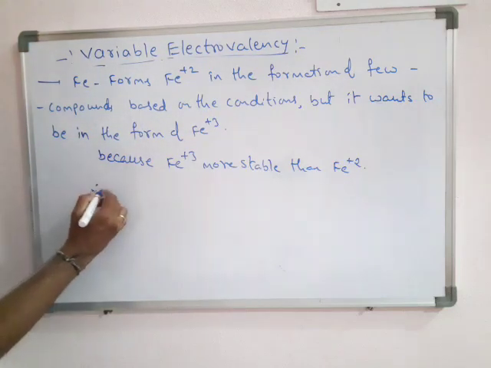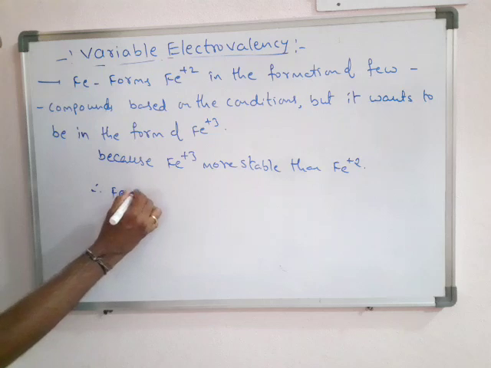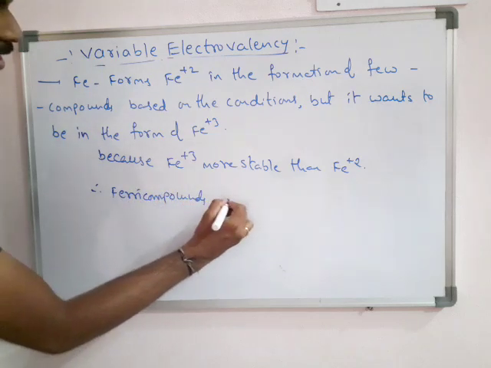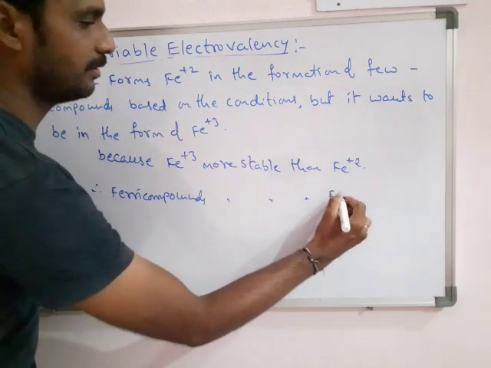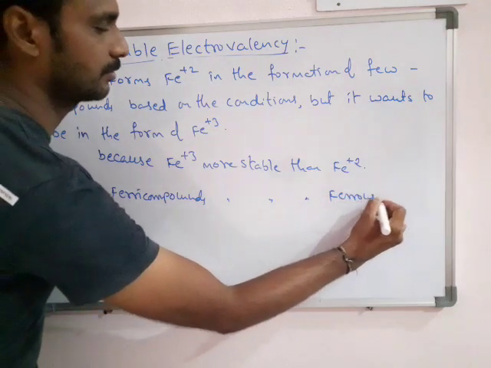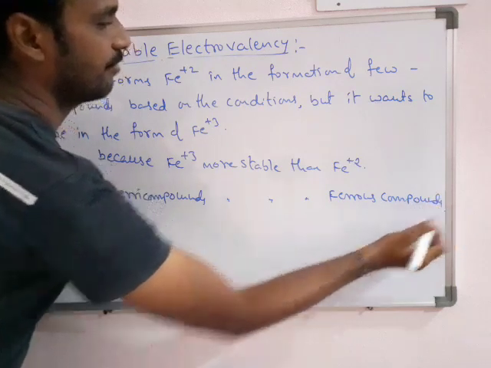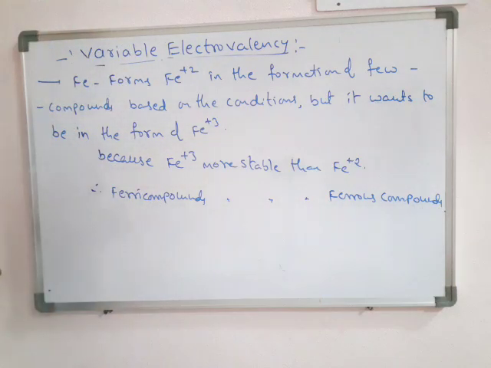So therefore ferric compounds are more stable than ferrous compounds. Okay, so this is one example.